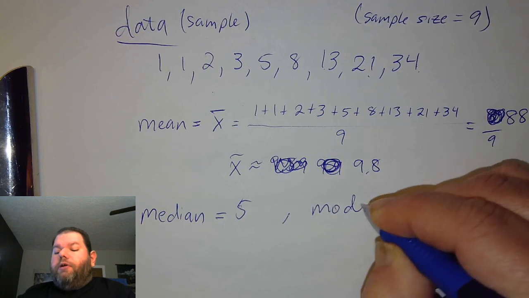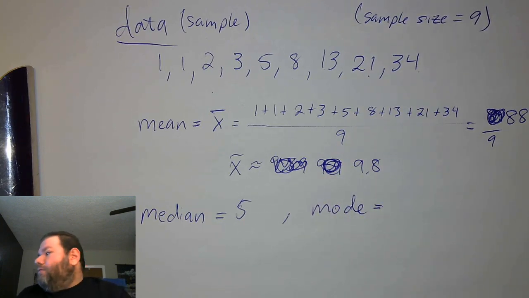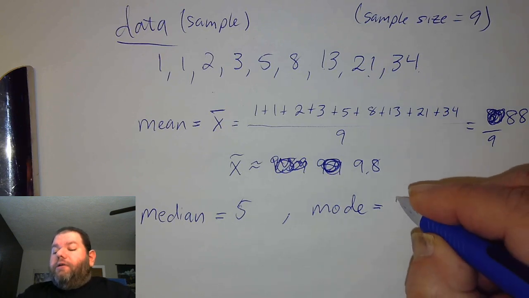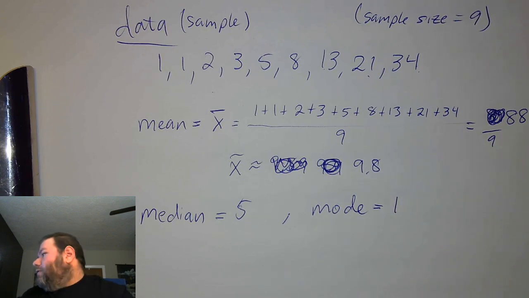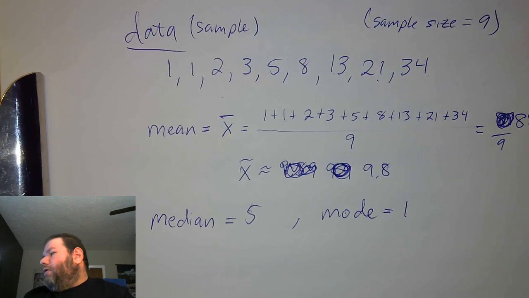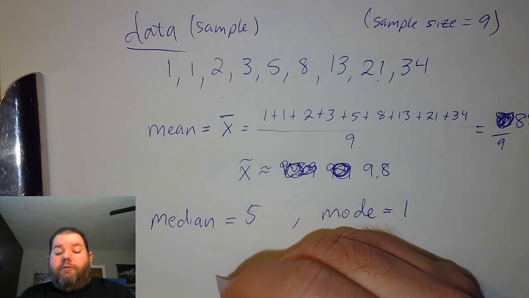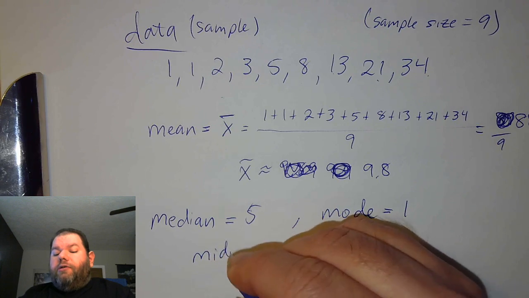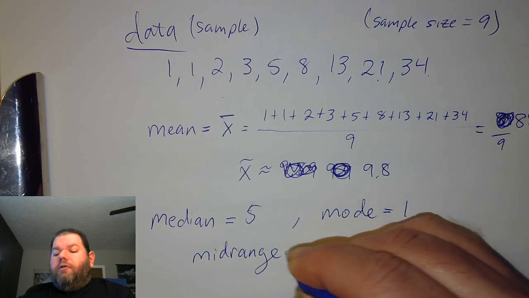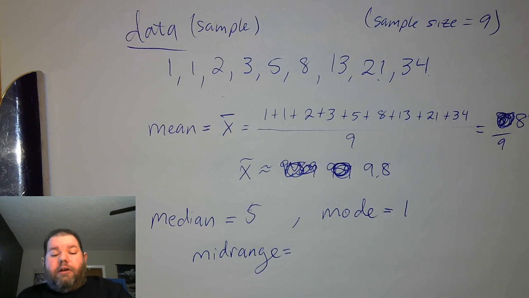What about our mode? Mode, remember, is the term that occurs most frequently. 1, good. And the last one that we talked about is our mid-range. Now, we actually had a formula for mid-range, which is the maximum plus the minimum value divided by 2.